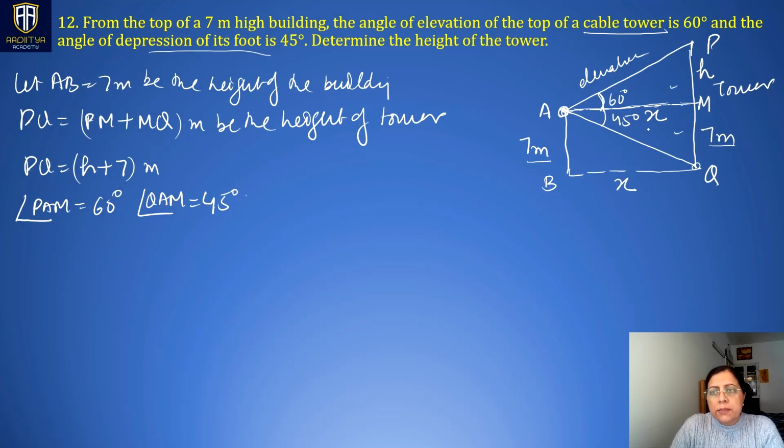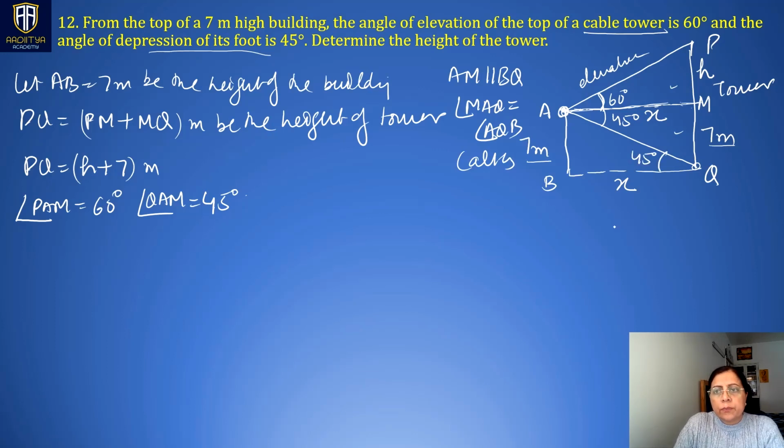Now one more thing, when we solve any question here, since we have two triangles over here, you can see that AM is parallel to BQ. I told you because both the lines represent horizontal lines. That means angle MAQ is equal to angle AQB, alternate angles. So this angle also becomes 45 degrees. They are alternate angles. This is a very important thing. Whenever we have angle of depression, it actually lies outside the triangle where we have to consider the sides.